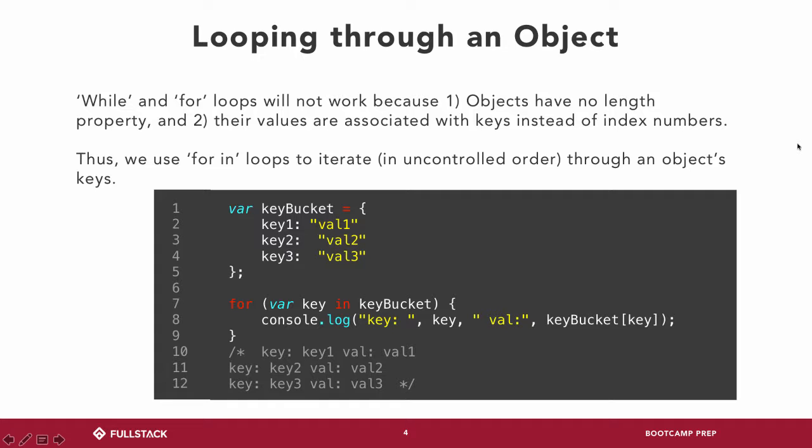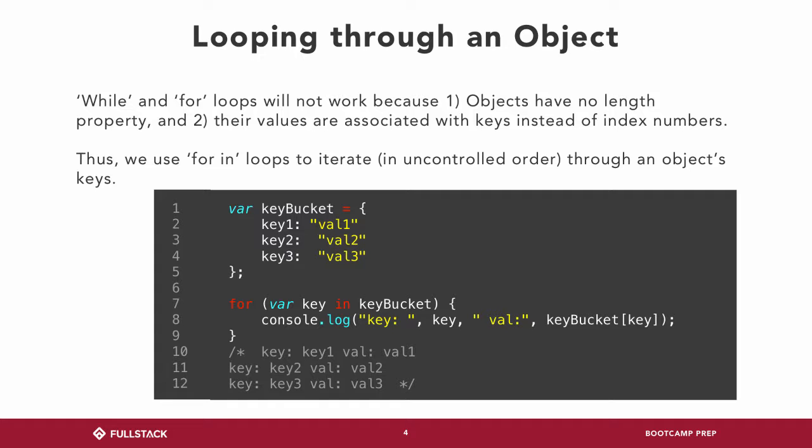So we're going to use this for in loop. It is similar to the for loop we use with the array: the keyword for, and then the parentheses of the looping mechanism, and then within the curlies is the code that will run for every iteration. The difference between this for loop and the array for loop is what's within the parentheses.